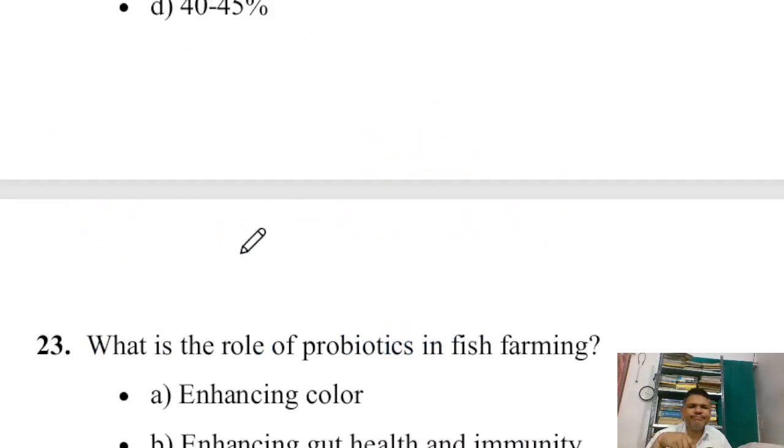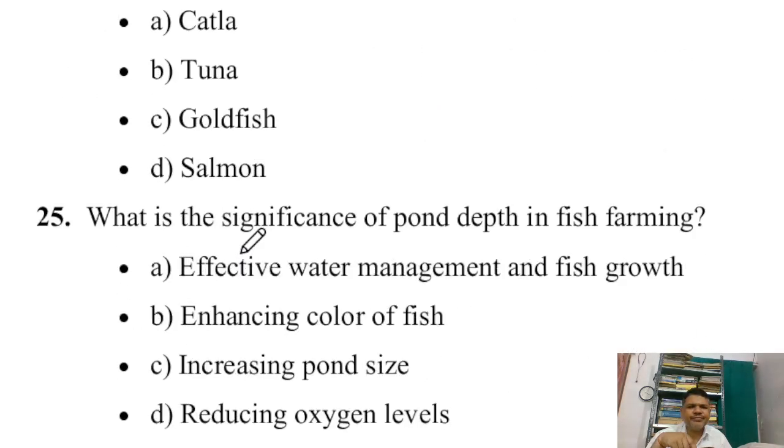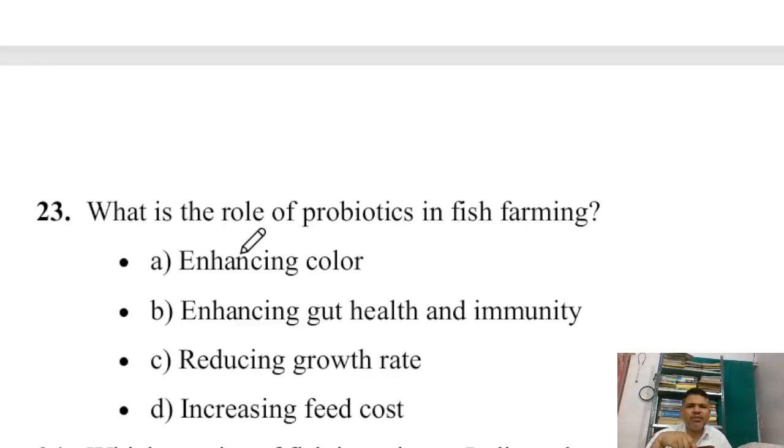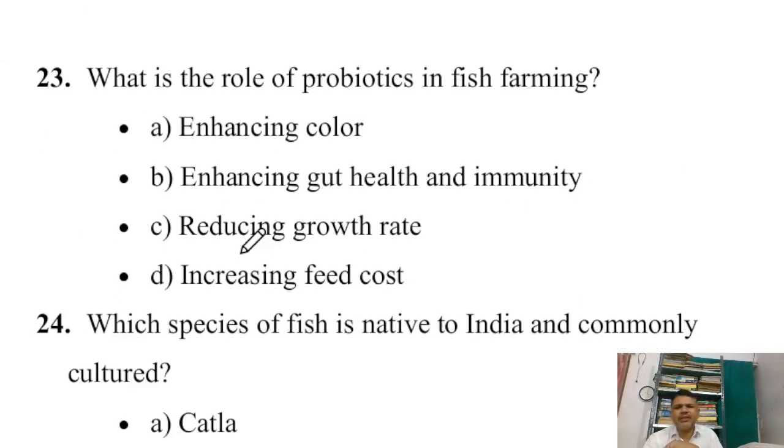Next question, question number 23. What is the role of probiotics in fish farming? As we know, probiotics are good for gut health. We human beings also use probiotics. There are many probiotics that contain spores of Bacillus bacteria.